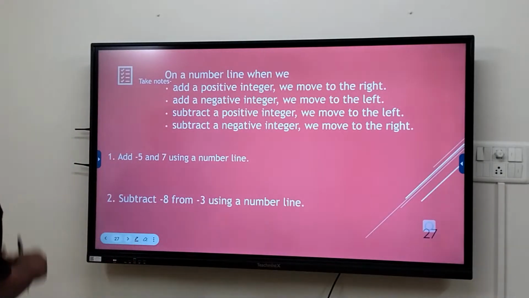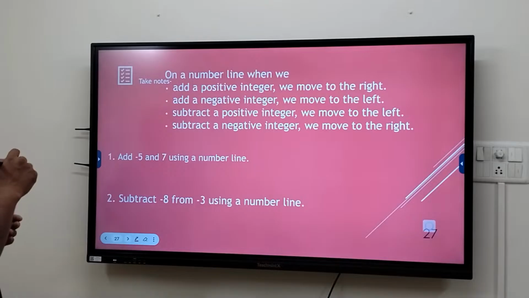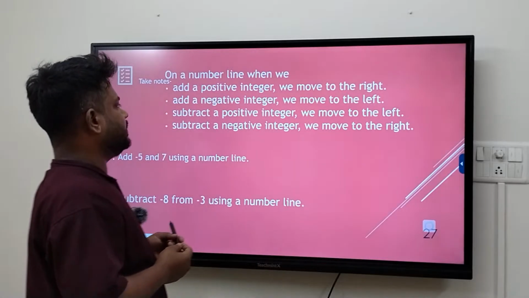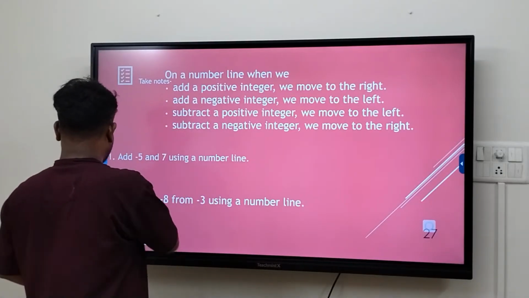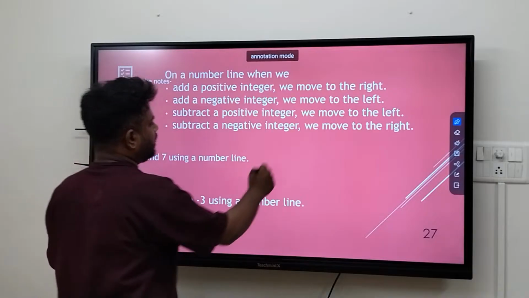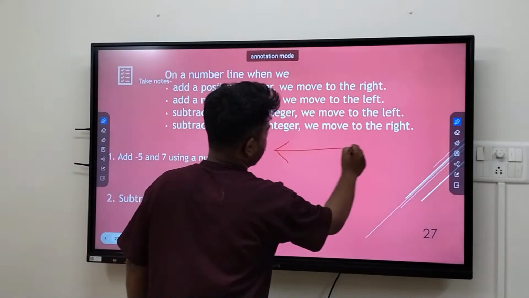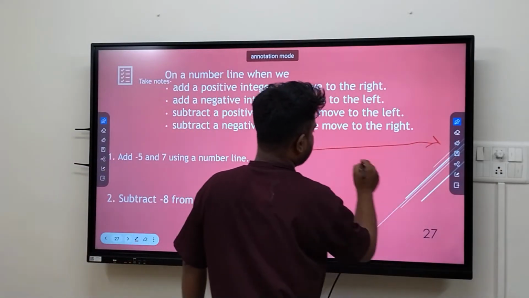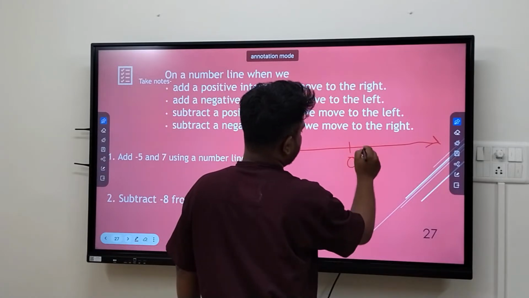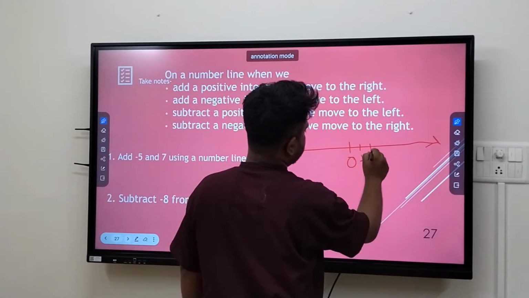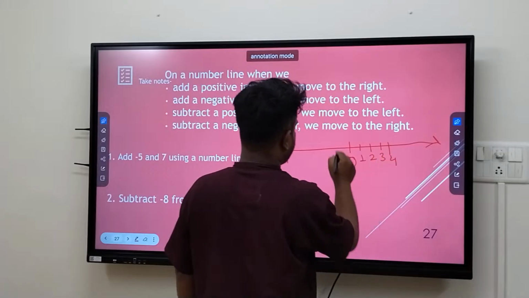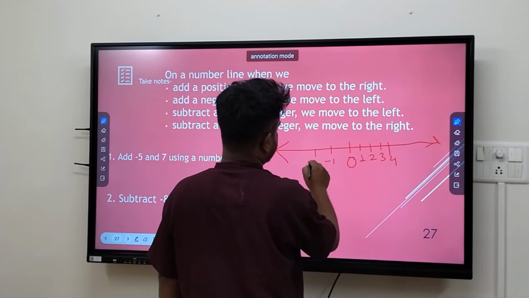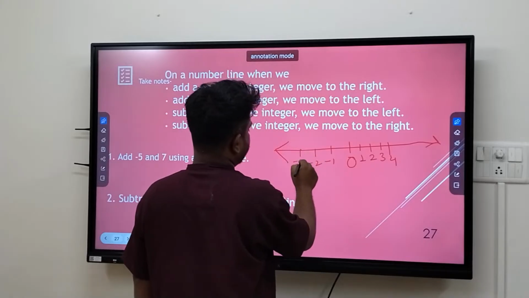Okay, these are the notes which you can write down in your copies: on a number line, when we add positive integers we move to the right. Just like if I draw a number line here and take 0 as the middle point, here all the numbers will be positive and here all the numbers will be negative.